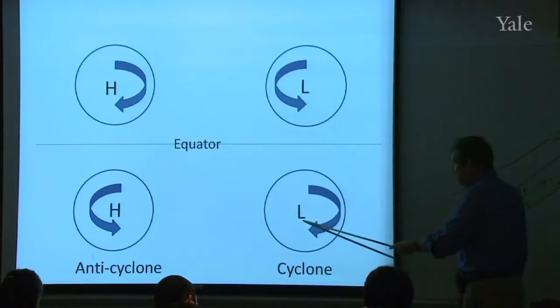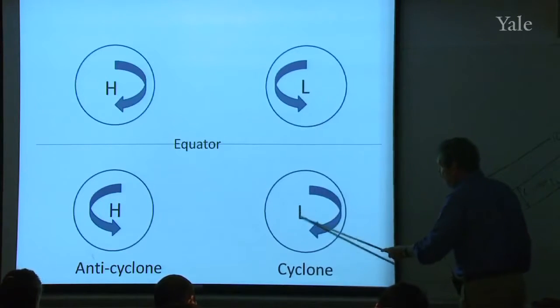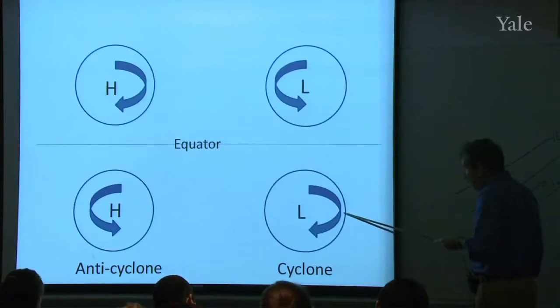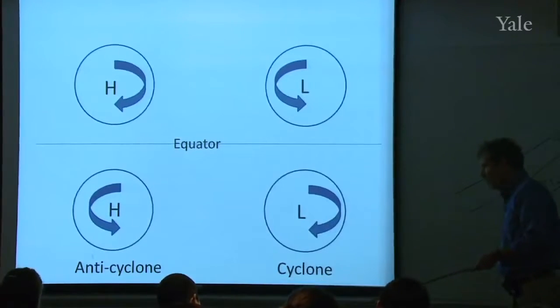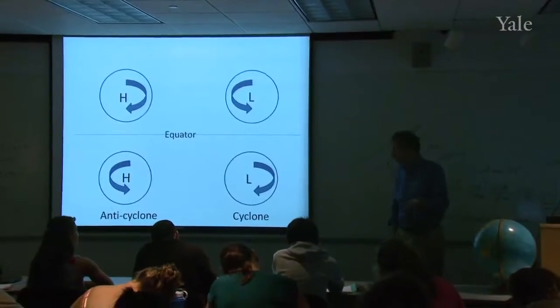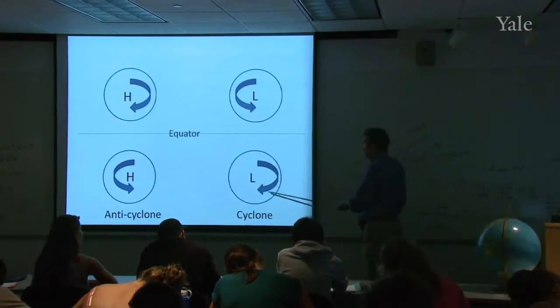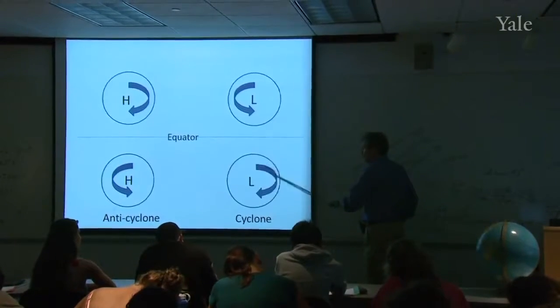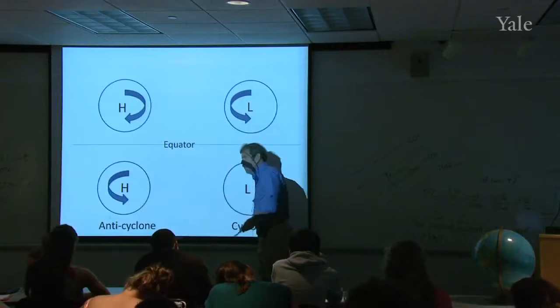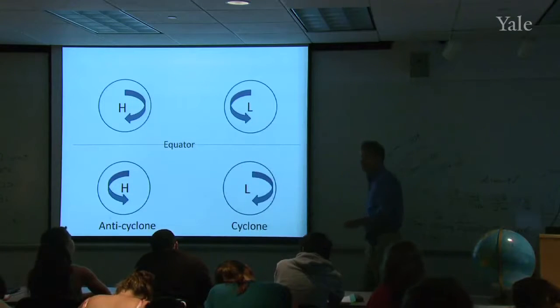In the southern hemisphere, we've got the low pressure in the center again because it's a cyclone. But now the pressure gradient force is again in towards the center, but because the Coriolis force acts to the left of the motion vector, we end up with just the opposite circulation direction. It's clockwise here and counterclockwise around the anticyclone.